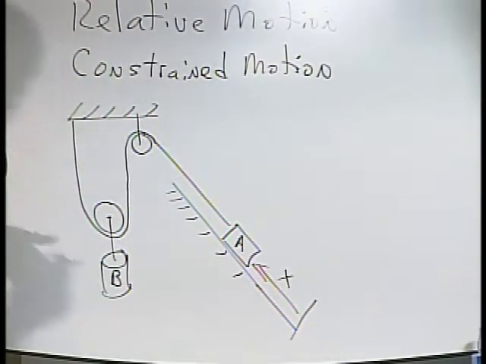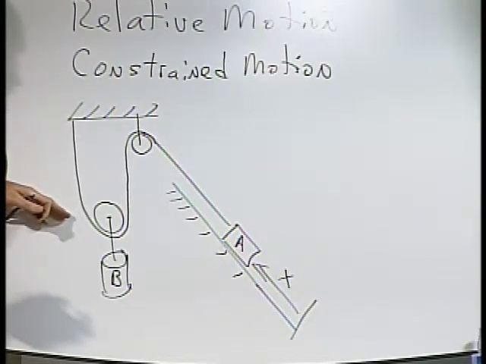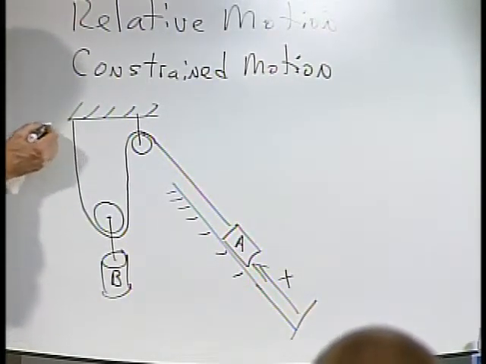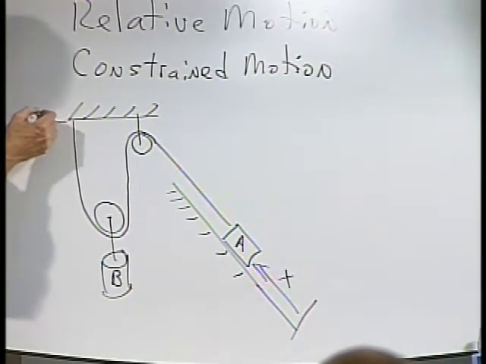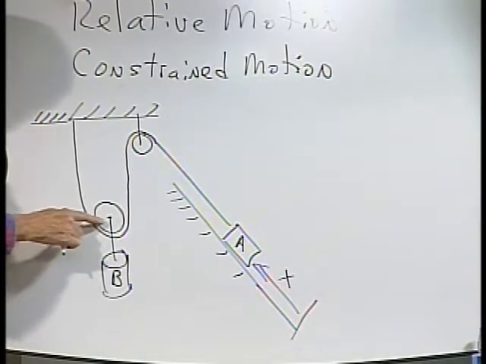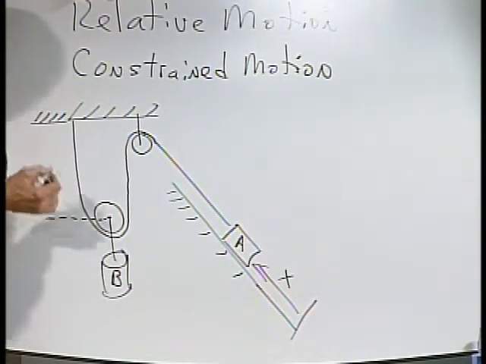So here's the problem. There are typically two approaches to tackling these problems. The approach that's emphasized in our book is probably the most convenient and easiest to use. What you do is you find a non-moving reference, such as up here at the top, and you try to write an expression that involves something that's variable.